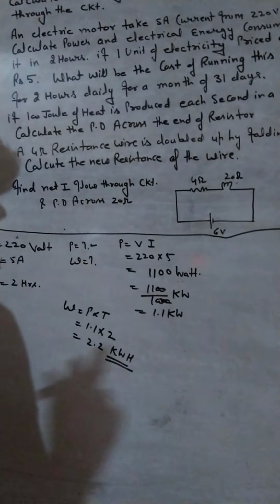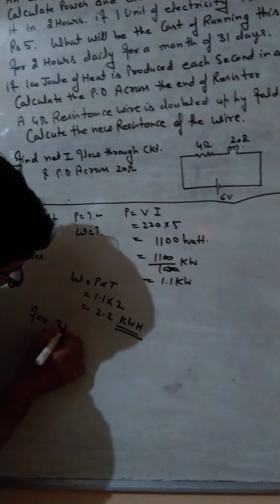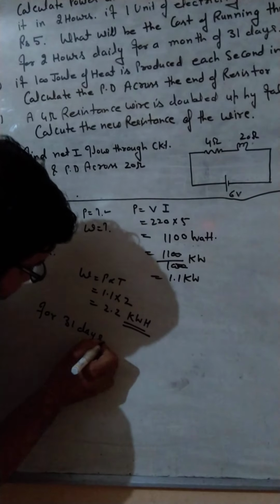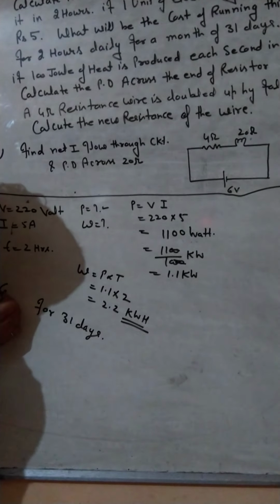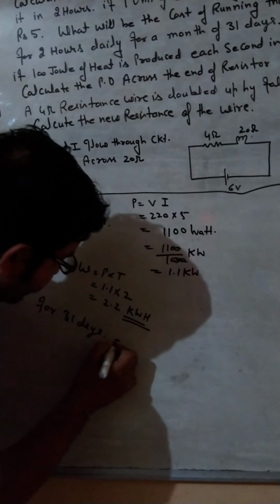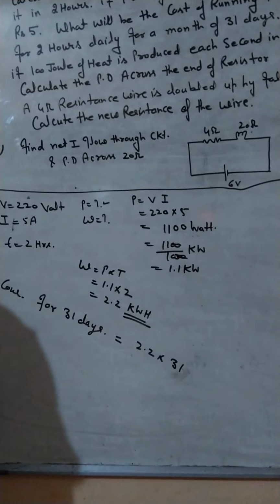Now for the month of 31 days, the energy consumed will be 2.2 into 31.